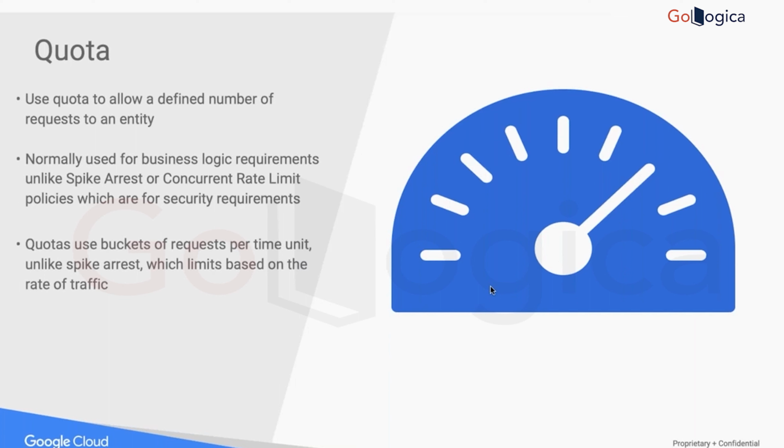So the quota policy uses a bucket of requests. If you have 1 minute, it will give you a 1 minute bucket. In that 1 minute bucket, it will allow requests, and once the limit is crossed, it will wait for that minute to expire.